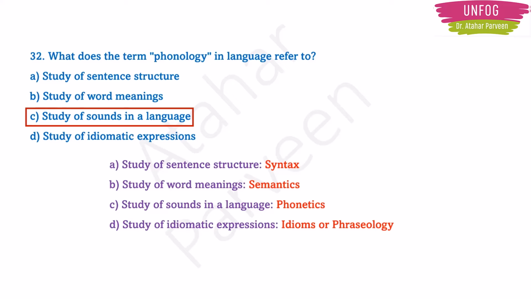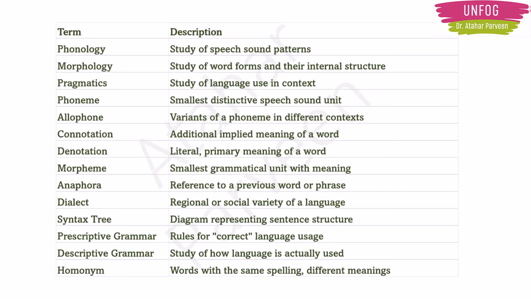Because these types of questions are very common, I have made a table for you all. Let us have a look at this table. Very important. What does the term phonology mean? It is related to sound. Morphology is the study of word forms and their internal structure.